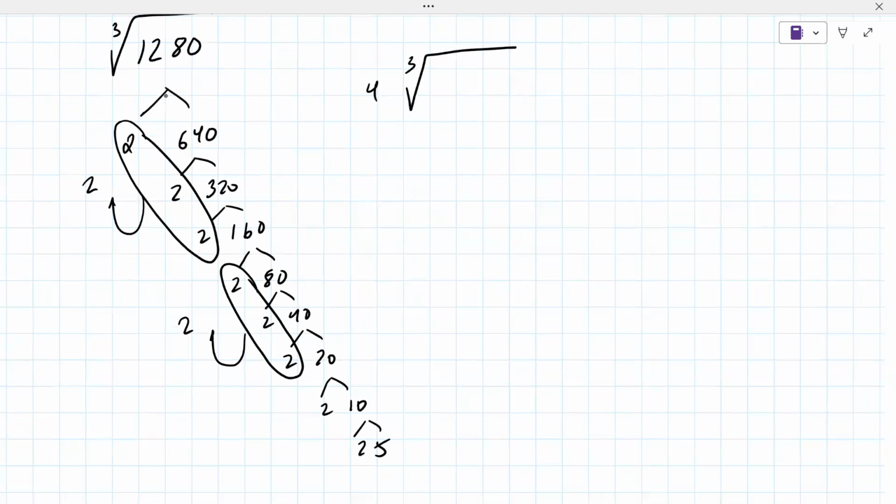How are you doing on this one? Trying to find the, oh, wait, how did you get 640?